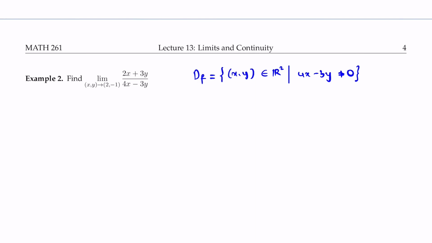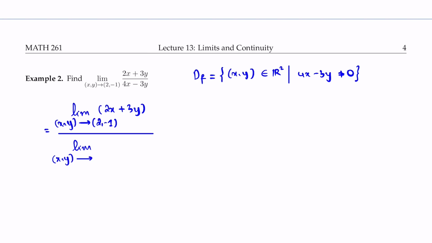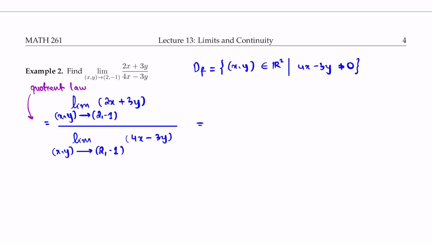In calculating this limit, the limit of a quotient is going to be equal to the quotient of limits. So this is equal to the limit of 2x + 3y as (x, y) approaches (2, -1) altogether divided by the limit as (x, y) approaches (2, -1) of 4x - 3y. Here for this step, I use the quotient law. Now for the numerator, I have the limit of the sum is the sum of limits.